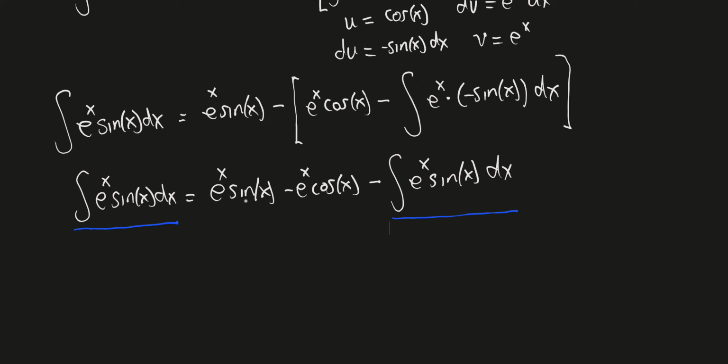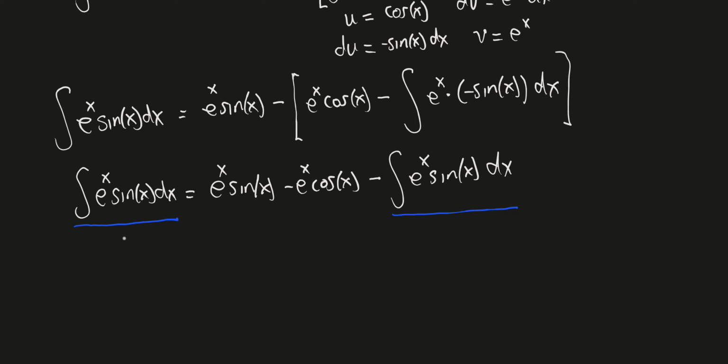But it's not that weird. Let's say I call this I for integral, then it's right here as well. So if I write down this equation, and just for a second replace the antiderivative of e to the x sine x dx, just give it a name. Call it I, call it Fred, whatever you want.